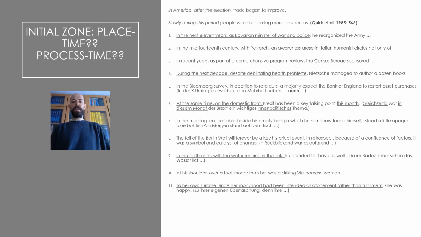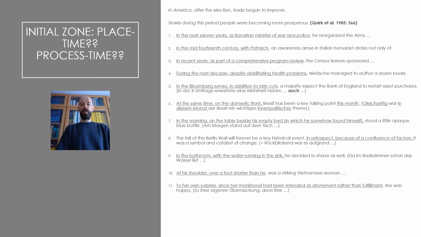During the next decade, despite debilitating health problems, Nietzsche managed to author a dozen books. So you can see there's a wide variety of options here to fill this initial zone, starting very commonly with a time expression.